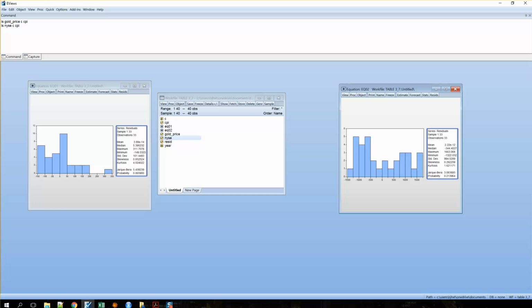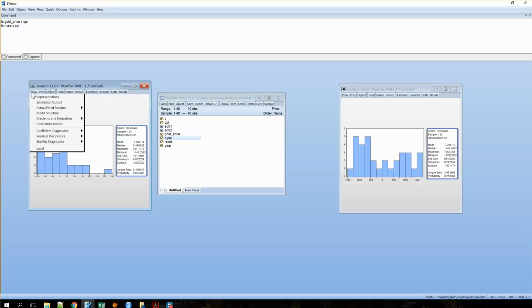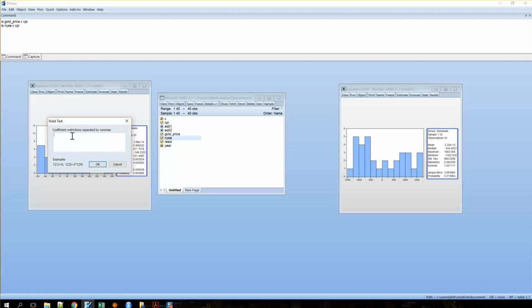The next part of the problem asks to carry out a hypothesis test that beta 2 equals 1 in the gold price regression. So we can do that fairly easily if we look at coefficient diagnostics, and then we look at a Wald test, which is a coefficient restriction test, and then we simply set C2 equal to 1.